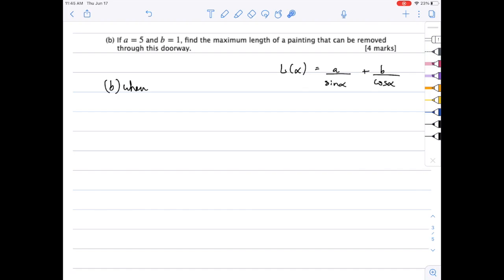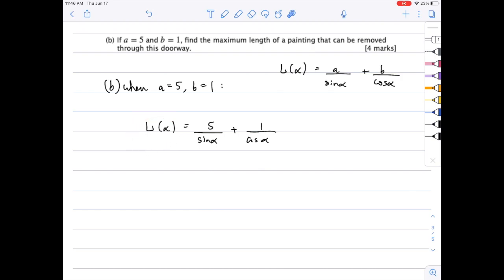Okay, so when A is equal to 5 and B is equal to 1, we have the following. The length, which is a function of alpha, is equal to 5 divided by sine alpha plus 1 divided by cosine alpha. Now at this stage, they want the maximum length of the painting, so you definitely want to optimize the length in some form.